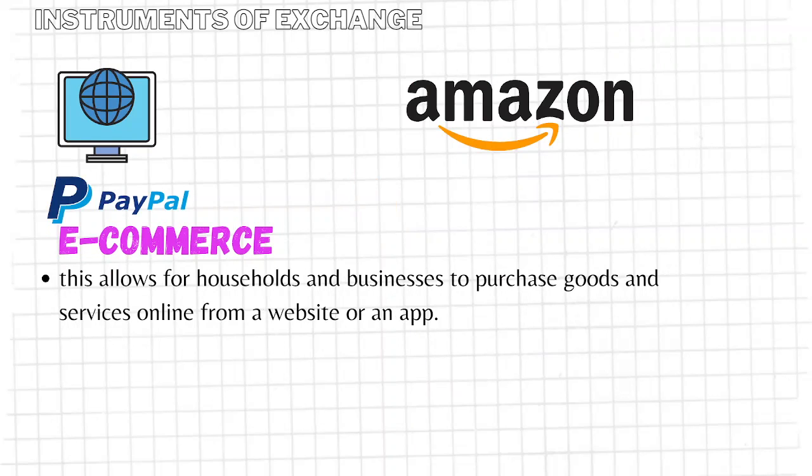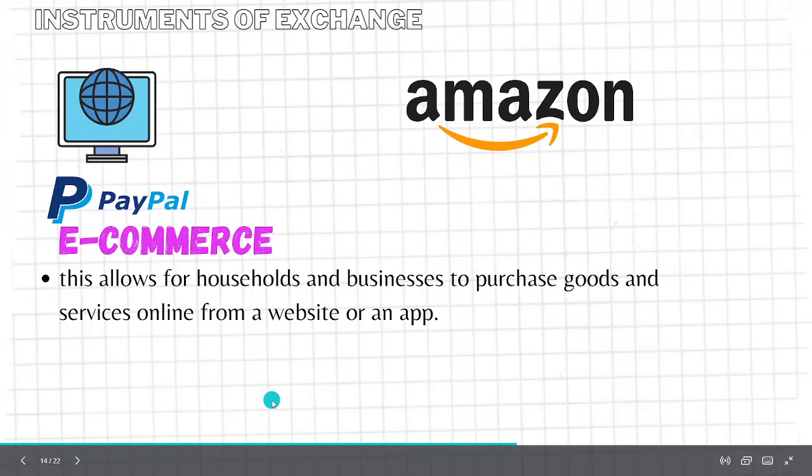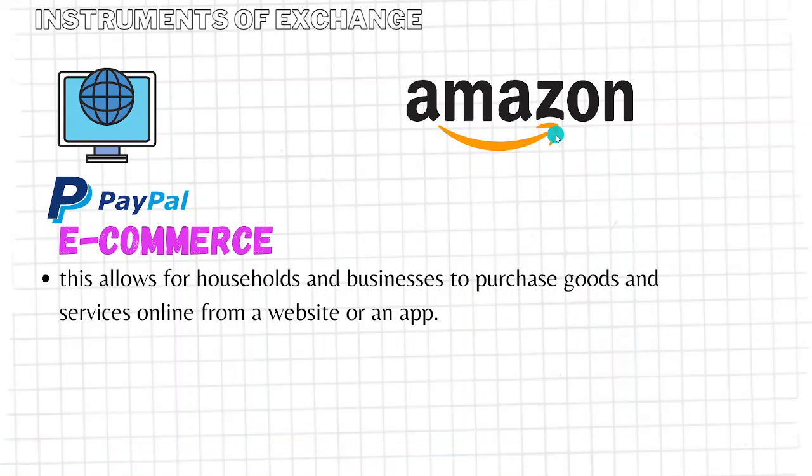The next instrument of exchange that we'll be looking at is e-commerce, and this is well known throughout the world. This is something that has basically taken over. No longer do we have to necessarily go inside a store. We can just go online, press some buttons, make a payment, and have our items within the same day, or within a couple of days or weeks.